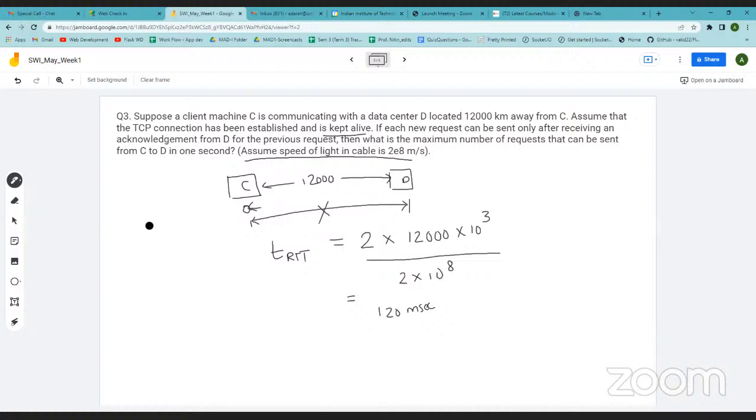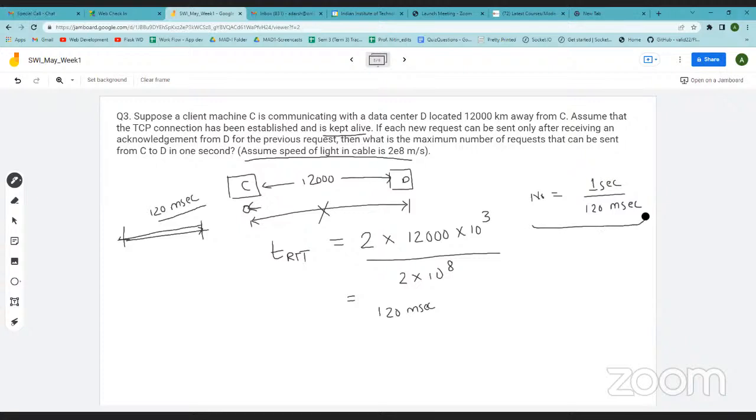For one RTT, the request from here to here and the response from here to here, it takes 120 milliseconds. Now we need to find the maximum number of requests that can be sent from C to D in 1 second. The number of requests will be 1 second divided by the time for each request, that is 120 millisecond.